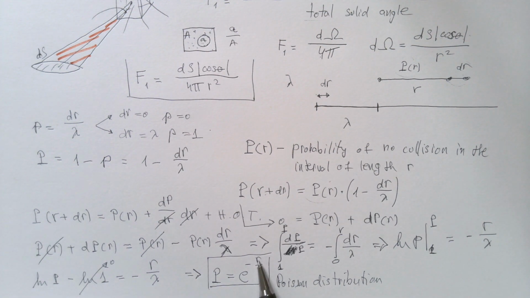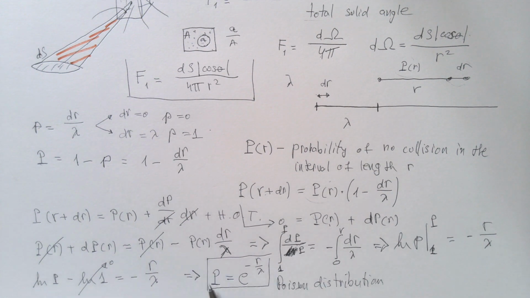When r is 0, the probability of no collision is 1. That perfectly makes sense. When r tends to infinity, e to the negative r over lambda tends to 0, which means the probability of no collision tends to 0. And that makes sense because as r tends to infinity, eventually that particle will encounter some other particle and collide.